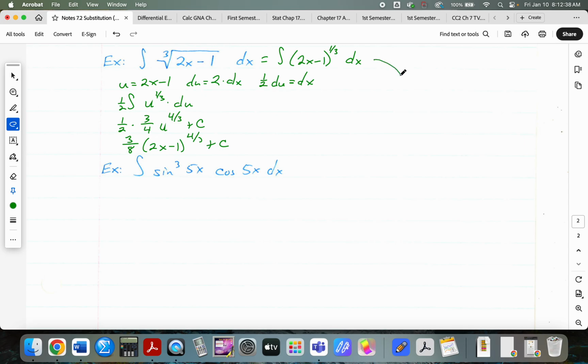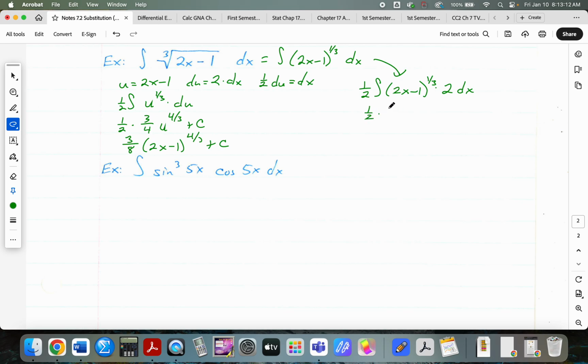Again, if we wanted to do this without u substitution, we need what's outside the composite function to be the derivative of the inside part. So I really want that to be 2 times dx. All right. Well, I can accomplish that by multiplying by 2 and then compensate for that by multiplying by 1/2. So now it becomes exactly like what we did down here.